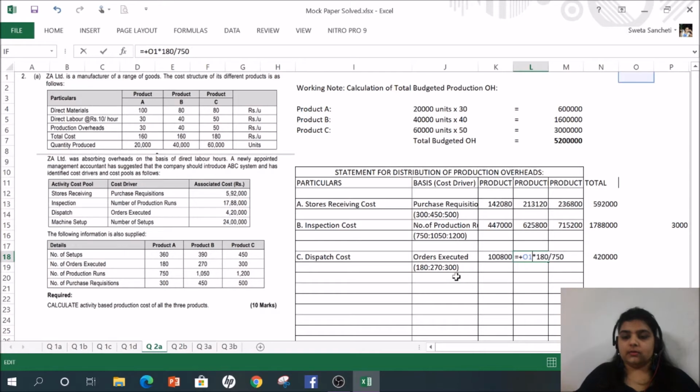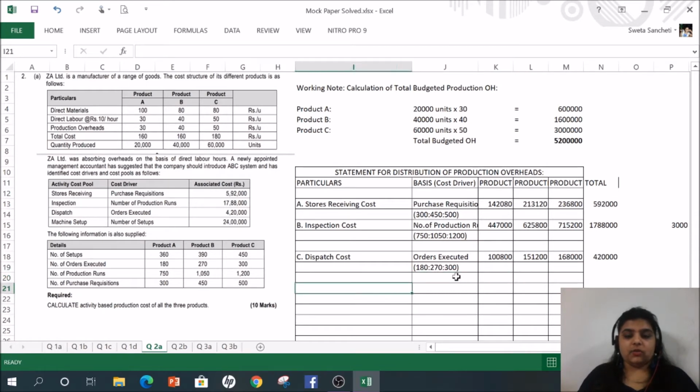Similarly, let me just freeze this. Similarly, this would be divided by 270 and this would be divided by 300, giving me a total of 4,20,000.